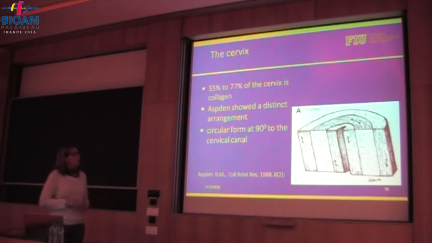Now let me switch here and go to the cervix, another anisotropic arrangement of collagen in tissue. Again, the extracellular matrix in the cervix is predominantly collagen, up to 77%.